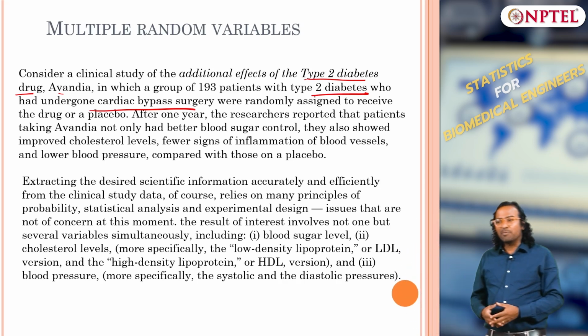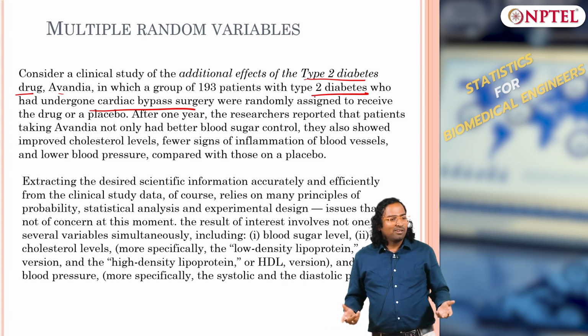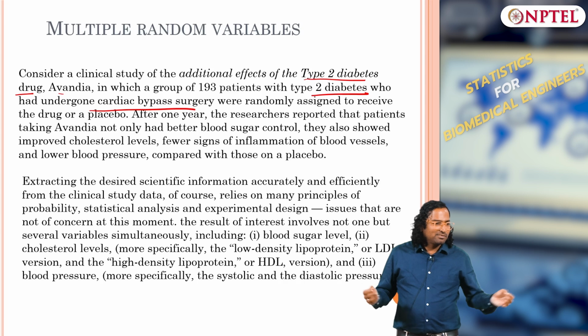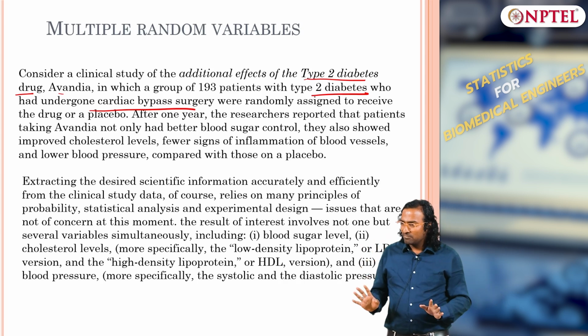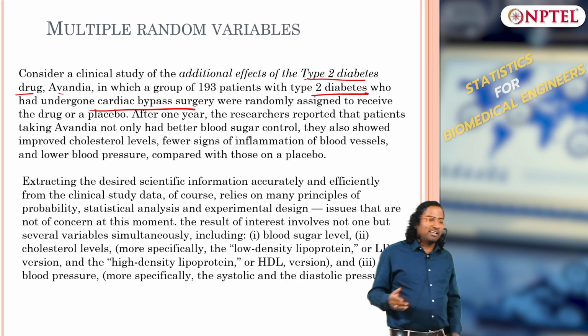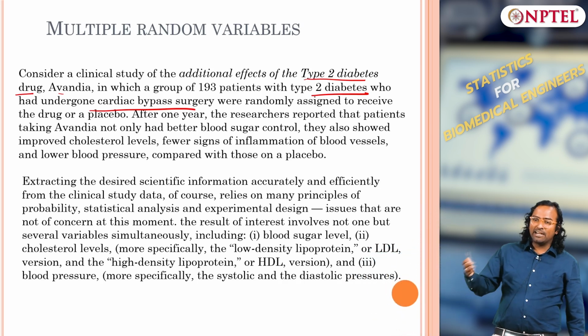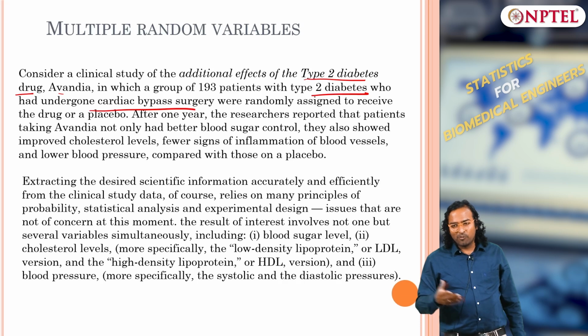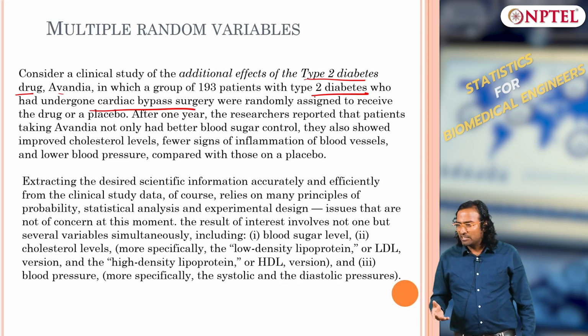So there are multiple random variables, and these are all random variables. As I told you, none of the measurements in the body is constant, all are random. And they are also heterogeneous even for a single person. If you eat and then measure sugar levels, that is different from fasting. The same goes with fat contents as well.